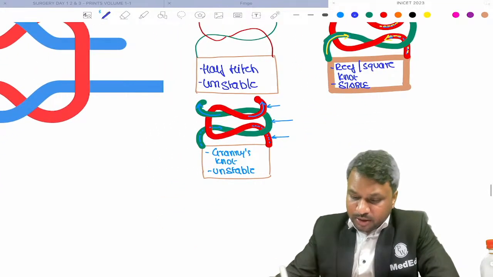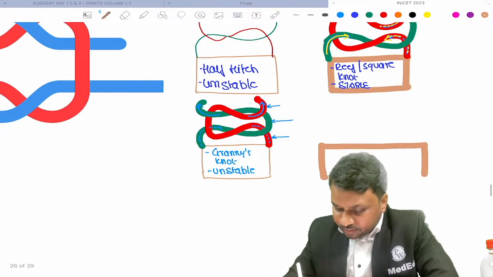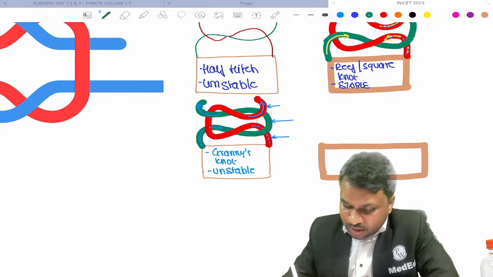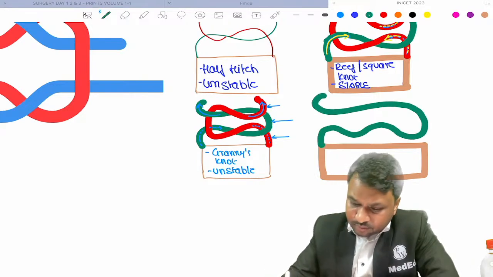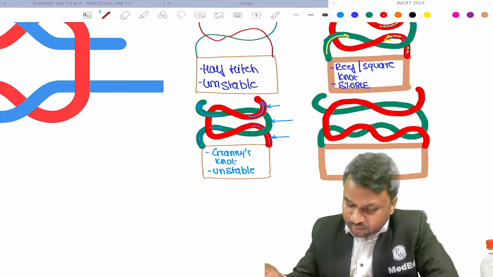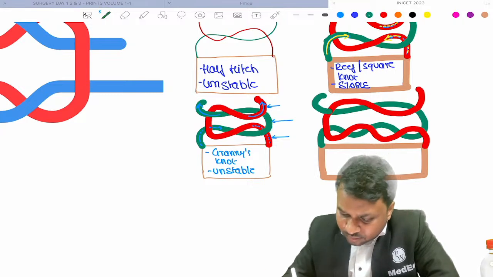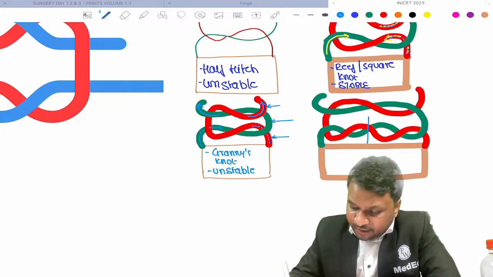Now when you look across here, the last knot that is of some relevance, you will notice this will have something like this. Now here you can see we have loop 1, 2 loops, and then on top one more loop.